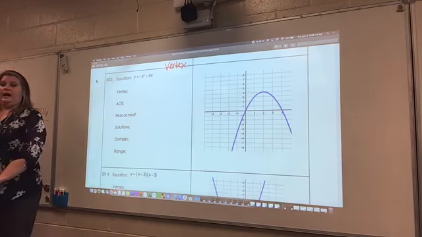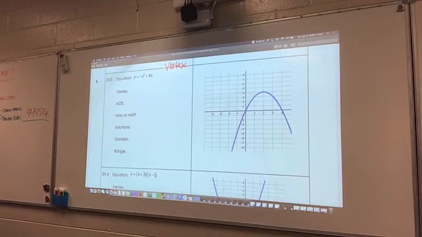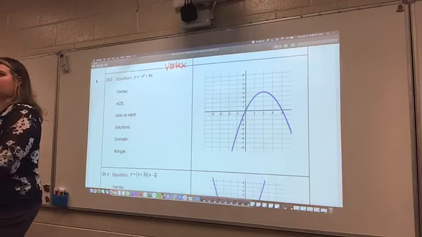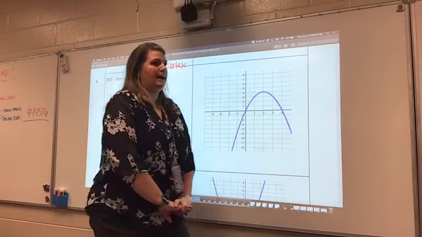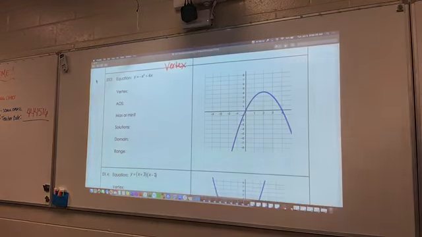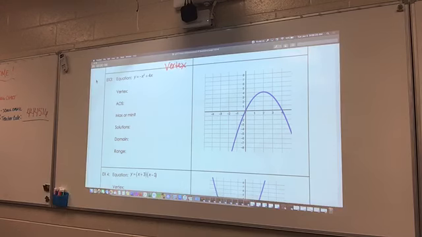Good. And then, what's the easiest way to identify the range? Looking at the graph, right? That's the one that's easiest to look at. So you know it's going to be your minimum y coordinate. If it's concave down, it could go from negative infinity to whatever your max is going to be, okay? This one is concave down.